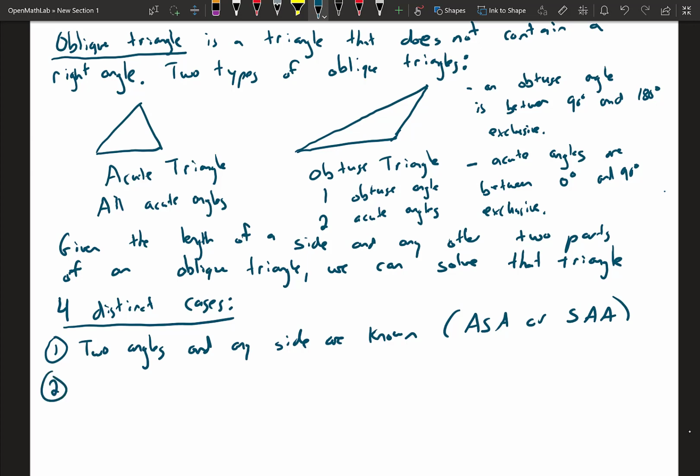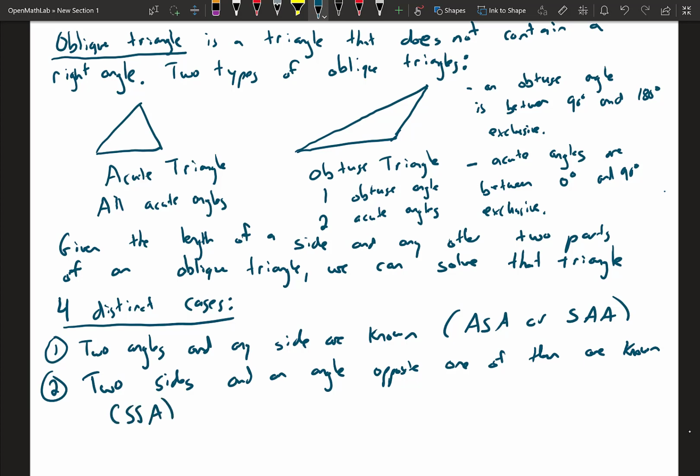The second case is when two sides and an angle opposite one of them are known, and that would be a side-side-angle case.